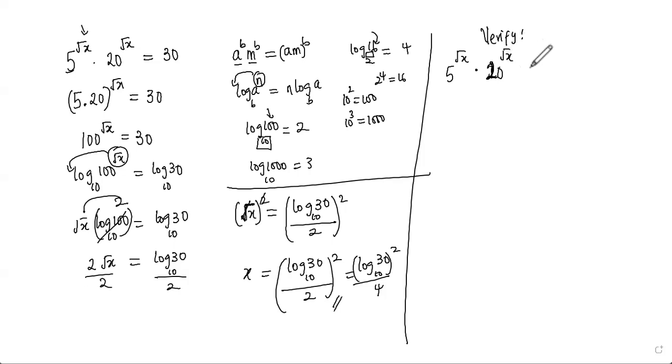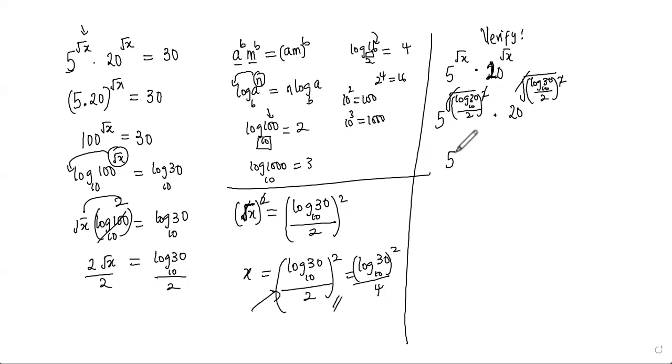So first thing is I have 5 to the root x, where x is actually log 30 base 10 over 2 all squared. And 20 would be to the square root of log 30 base 10 over 2 all squared. And the square will cancel out the root. So what do we now have?